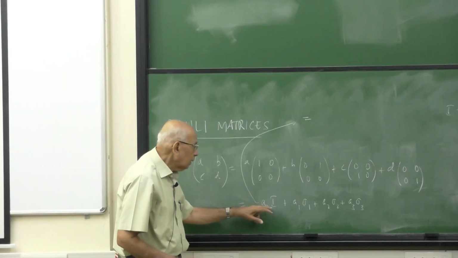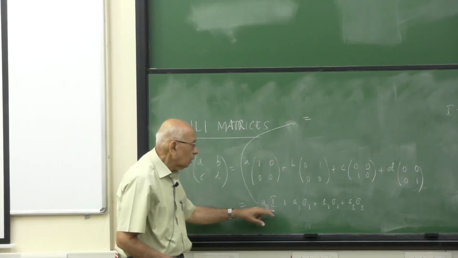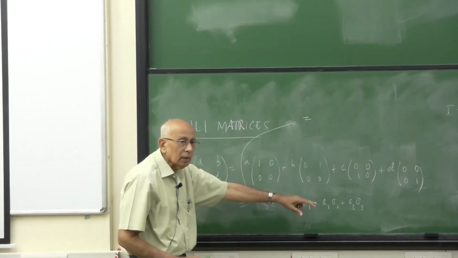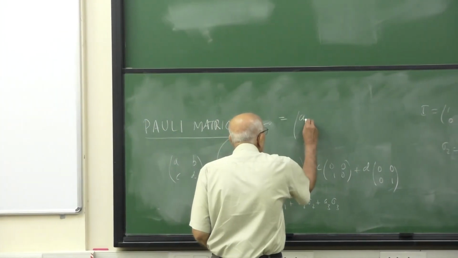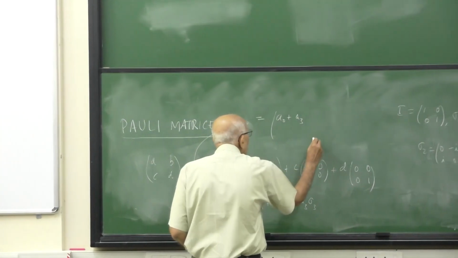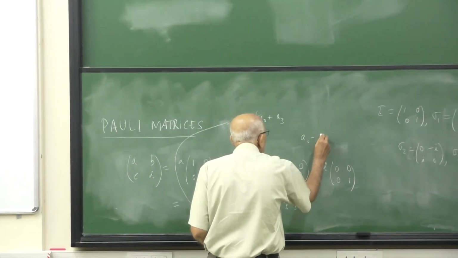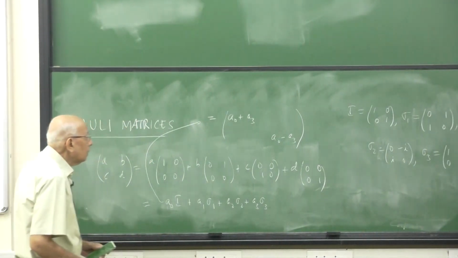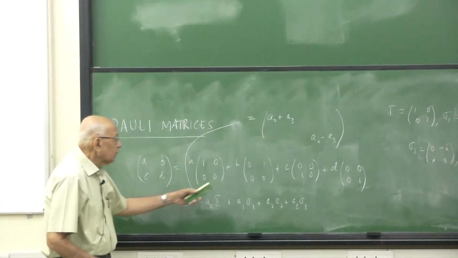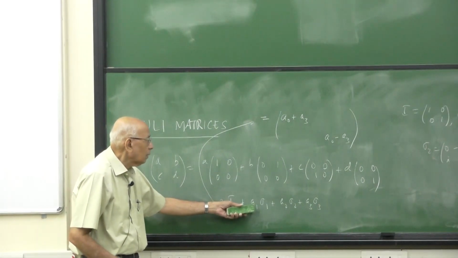The first element, this has a 1. So it's A0. That last guy has 1 there. What happens here to A1 sigma 1?